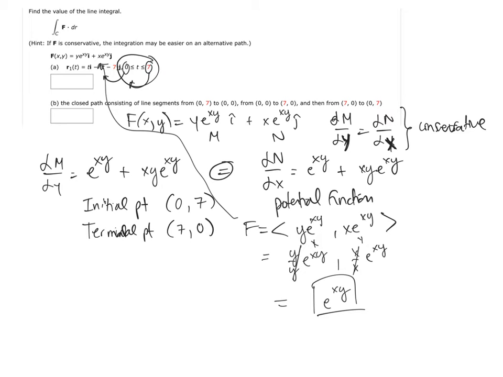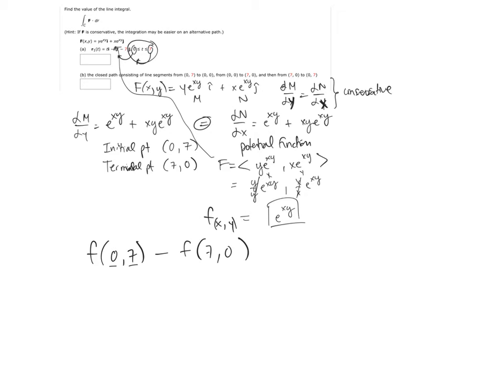After you get the potential function, you can apply the fundamental theorem of line integrals. So we're going to name this f(x,y). So now f(0,7) minus f(7,0).